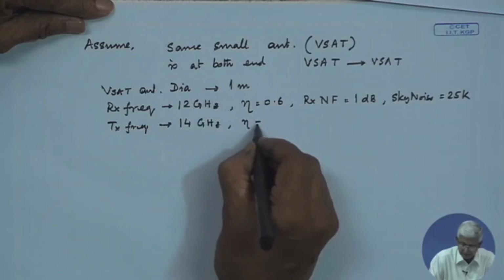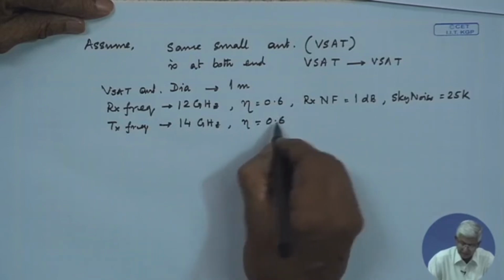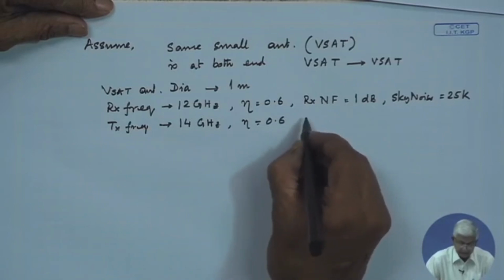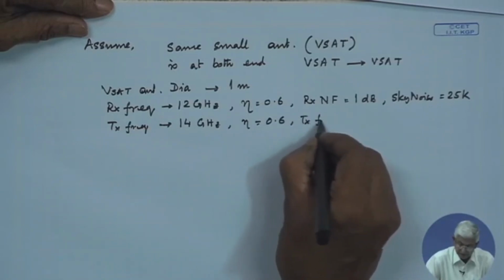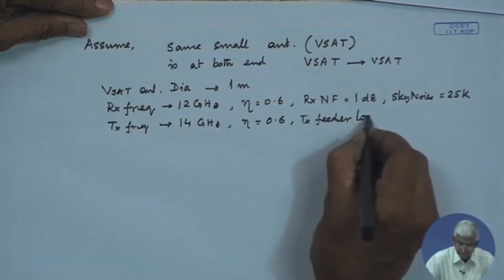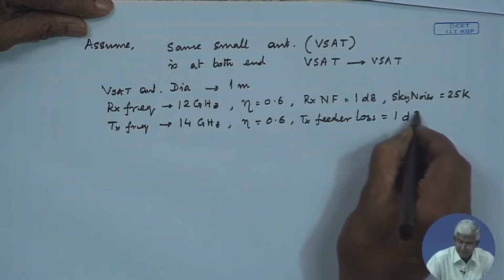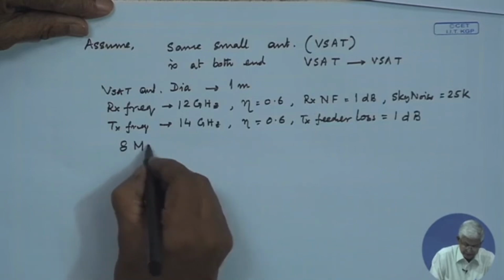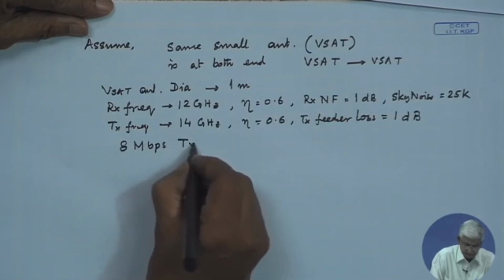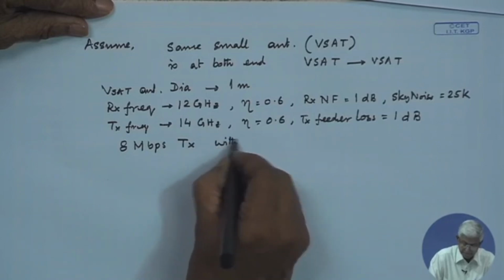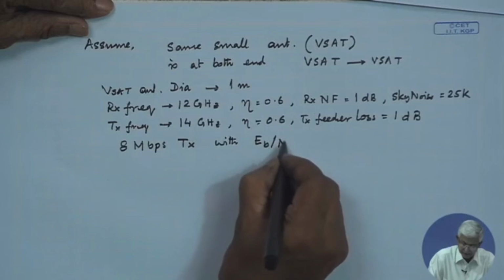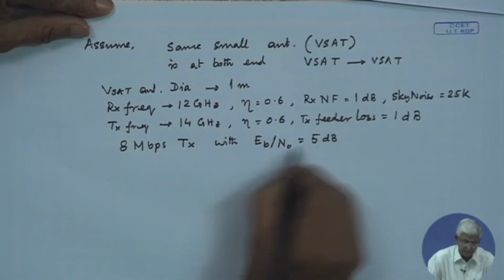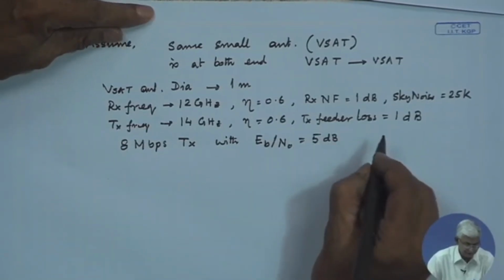For simplicity, we will keep the transmit and receive antenna efficiency the same, and then there is a transmit feeder loss of 1 dB. Let us say the bit rate of transmission is 8 Mbps, with Eb by N0, with error correction, of 5 dB, that is with error correction for a particular BER.